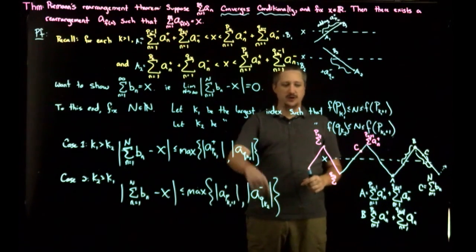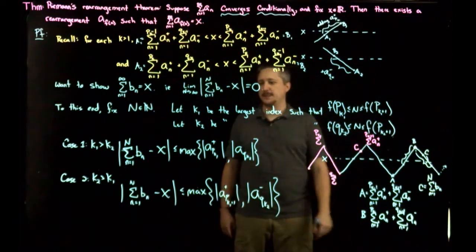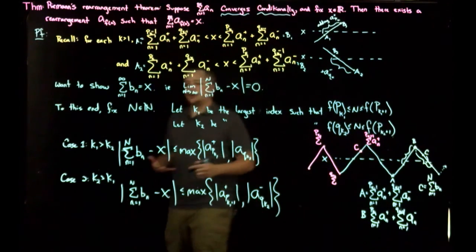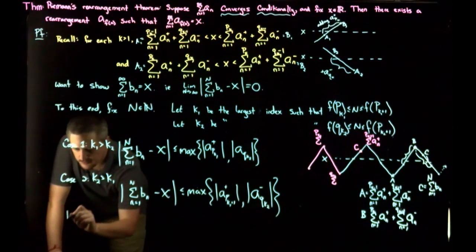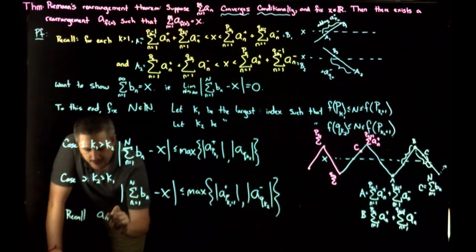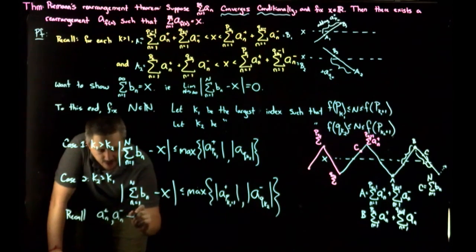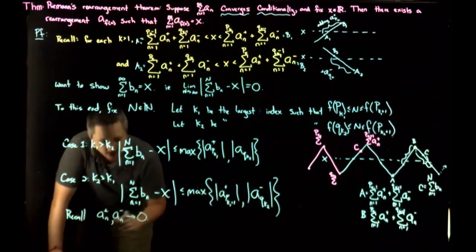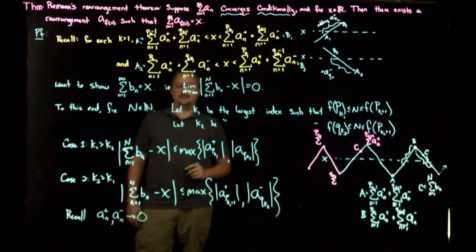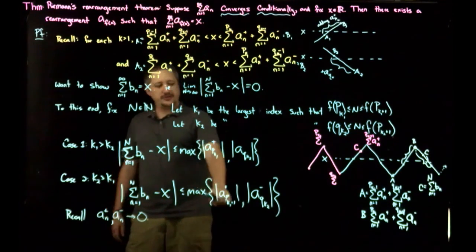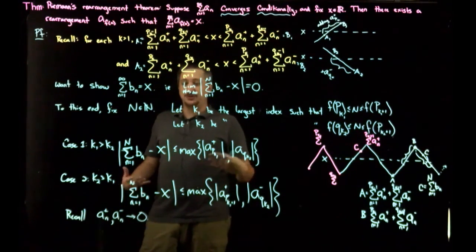Plus or minus a 1, depending on where exactly I am. But if you recall, an plus and an minus both go to 0 because an goes to 0. So in particular, the max of the two also in limit goes to 0.